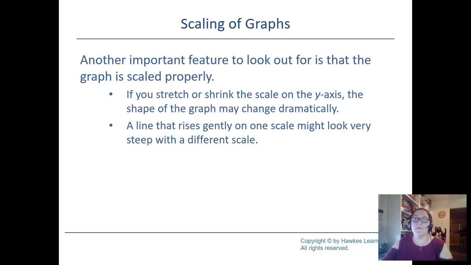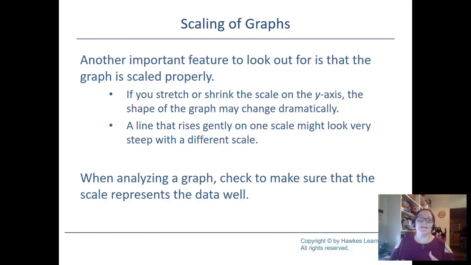A lot of times people shift where the scale starts versus where it originally starts, which can change the perspective of how a graph actually looks. So when analyzing a graph, just make sure to check that the scale represents the data really well.